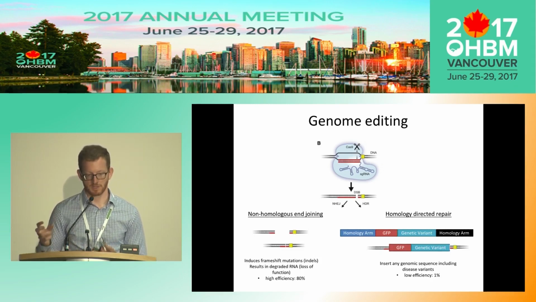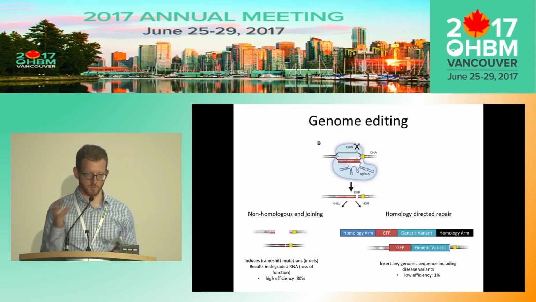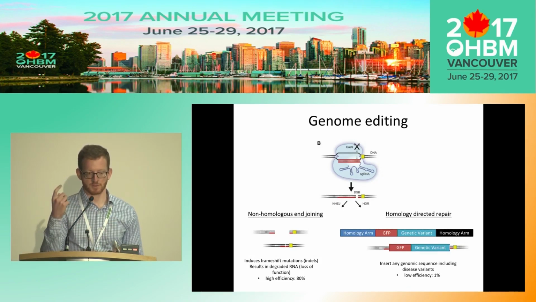In this, there's a protein called Cas9 that can be guided to anywhere in the genome that we want with very little restrictions using guide RNAs that we can design. These can be used to modify the genetics to either create large frameshift mutations or indels, or, at very low efficiency currently, to actually insert base pairs of interest.